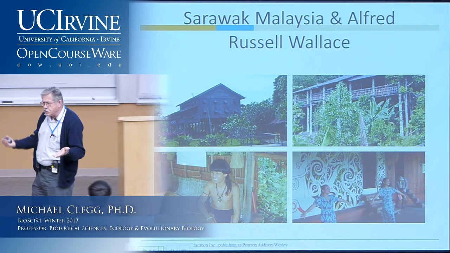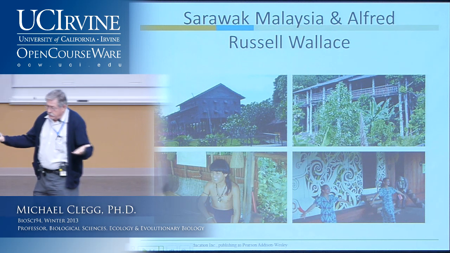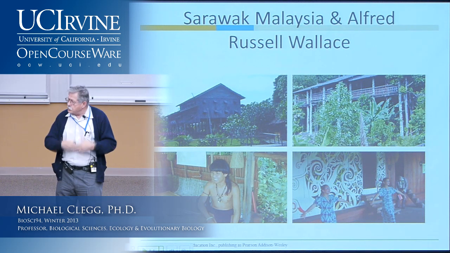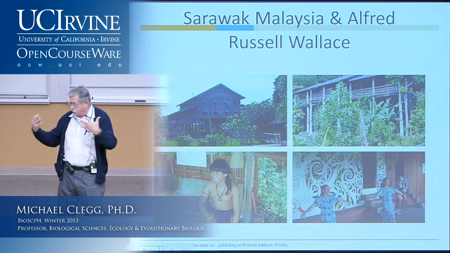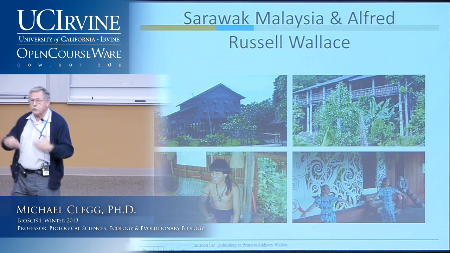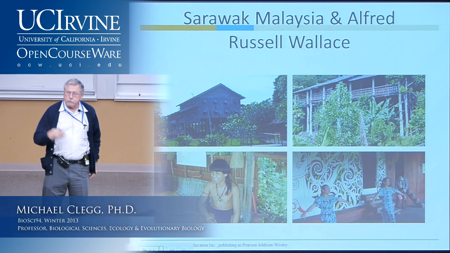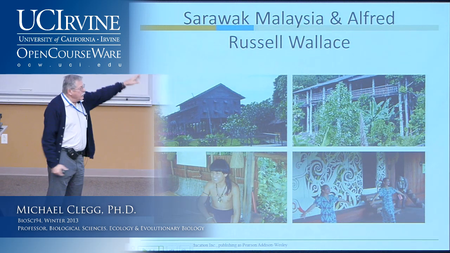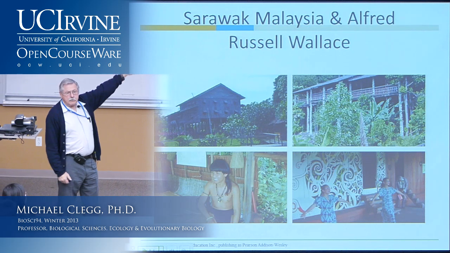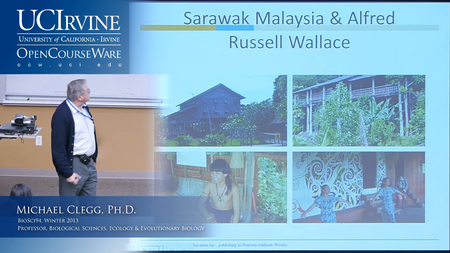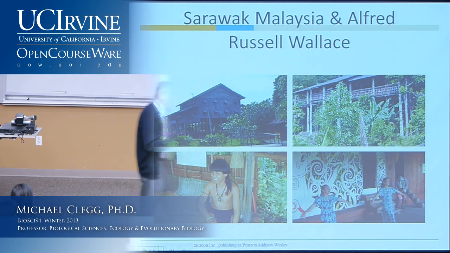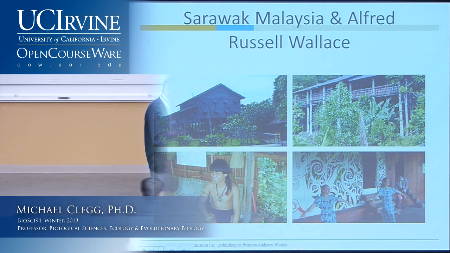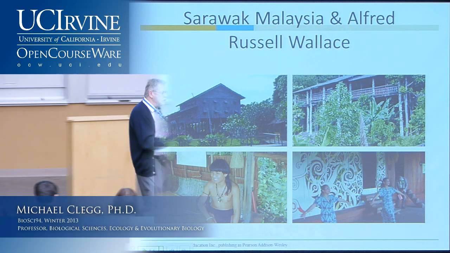And there was a fascination in the mid-19th century with all of the exotic forms of life that weren't known to Europeans, that were being discovered in the New World. And people were willing to buy these specimens. So he made a living that way. Then later he spent time in Malaysia. This just represents some pictures from a trip of my own to Malaysia, and specifically to the island of Borneo, to a region called Sarawak.